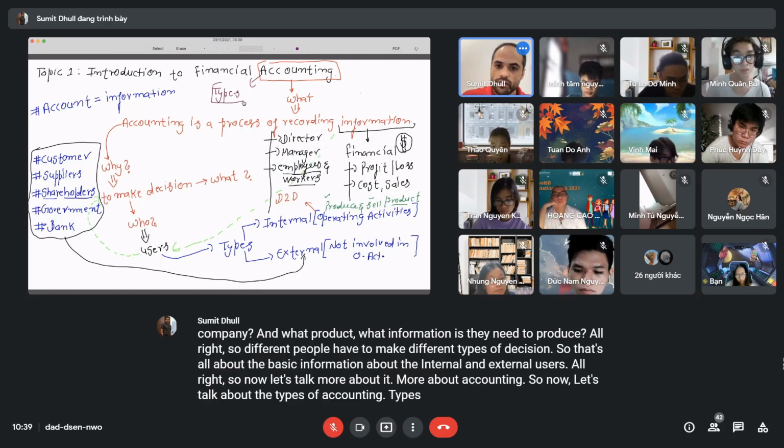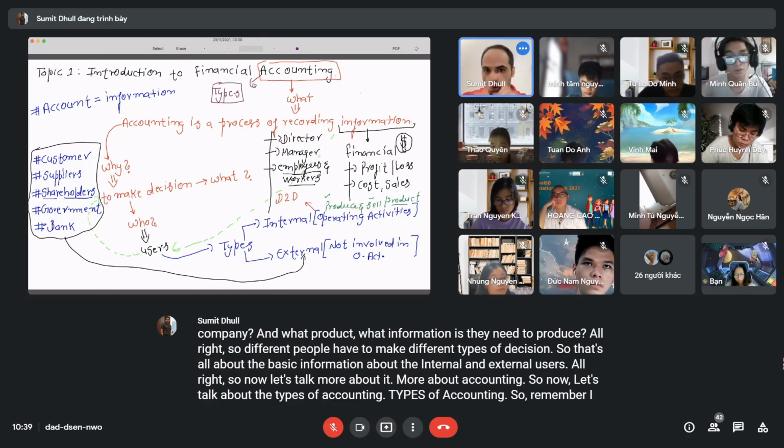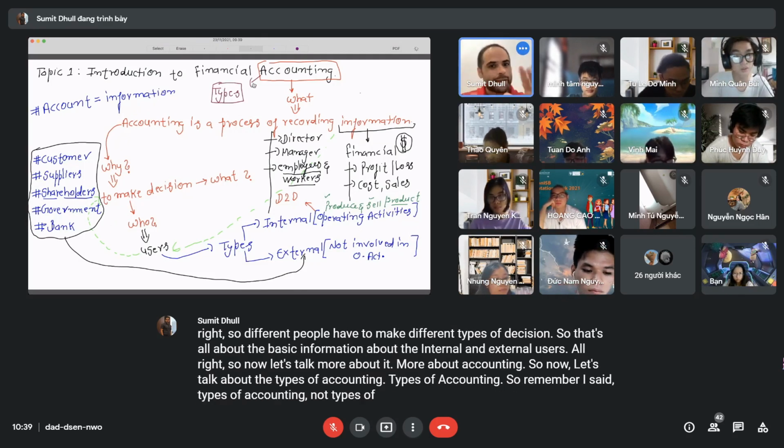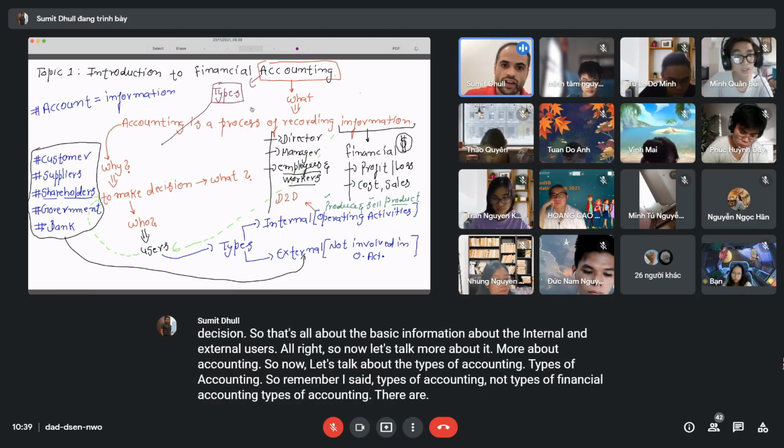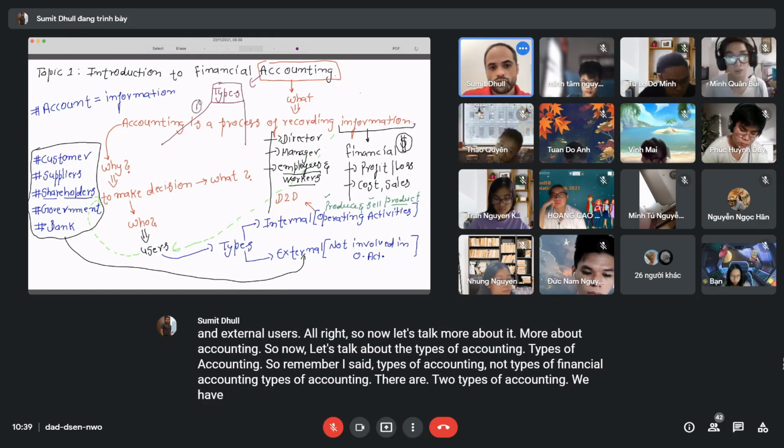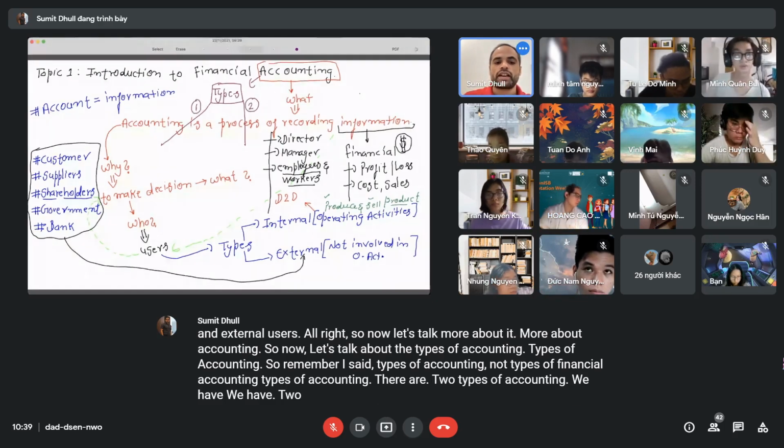Remember, I said types of accounting, not types of financial accounting. There are two types of accounting we have.